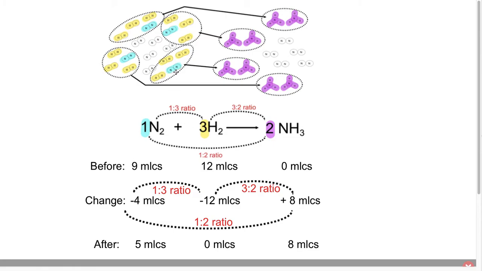Every time I use 1 N2, I'm going to form 2 NH3s when that balanced equation is run. Notice the before row does not match the balanced equation. The after row doesn't, but the change will have the same exact ratios as the balanced equation.